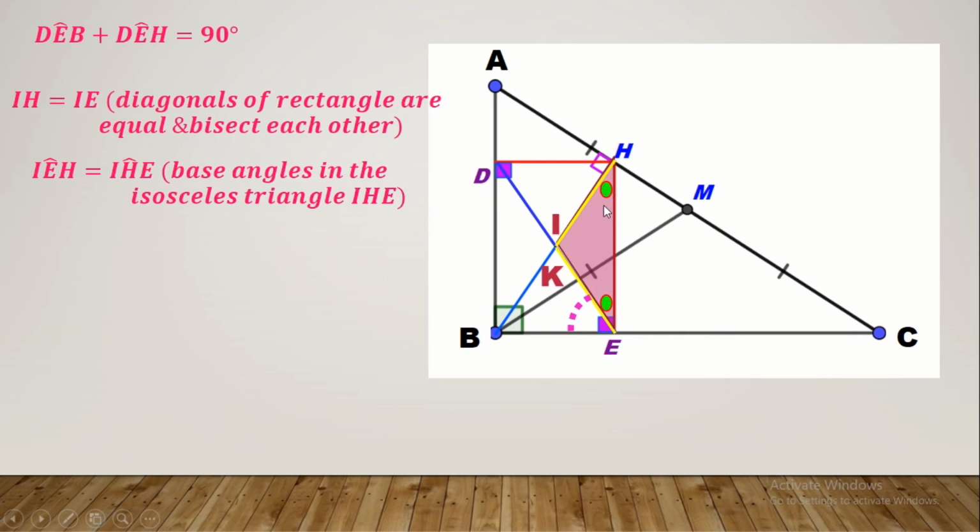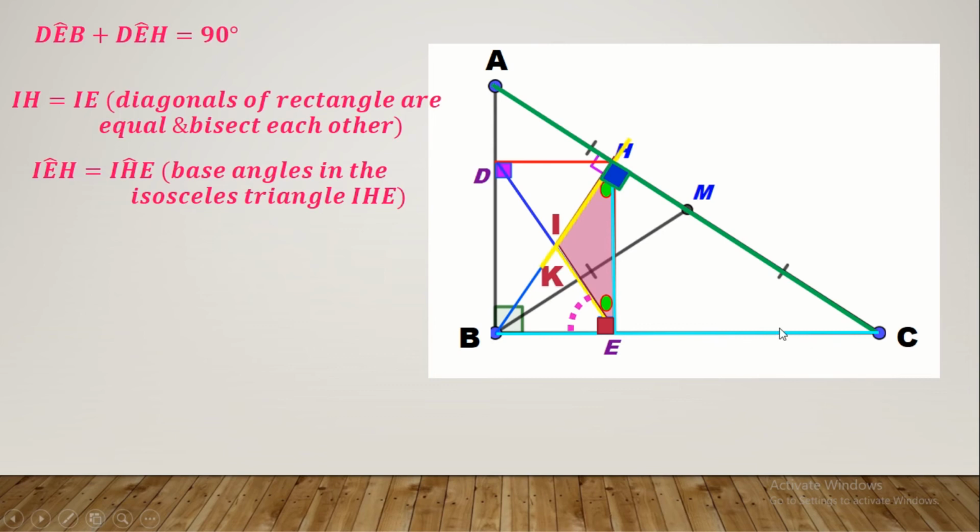Why are we doing this? Note that we have reached this angle, but the side IH is given since BH is an altitude, so it's perpendicular to the side AC. It's a side of the angle IHE. Now what about the side HE, the second side? Isn't it also perpendicular to BC?